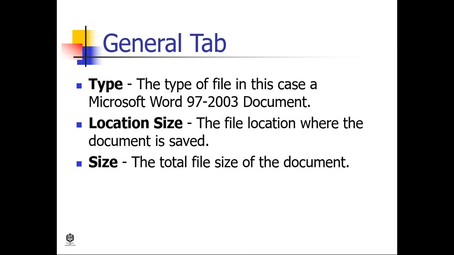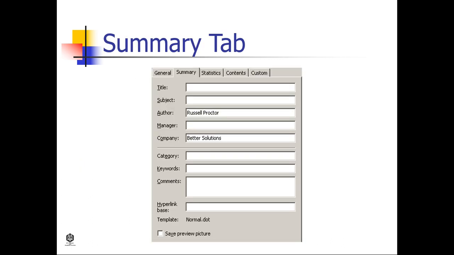Type: the type of file, in this case, a Microsoft Word 1997 or 2003 document. Location: the file location where the document is saved. Size: the total file size of the document.